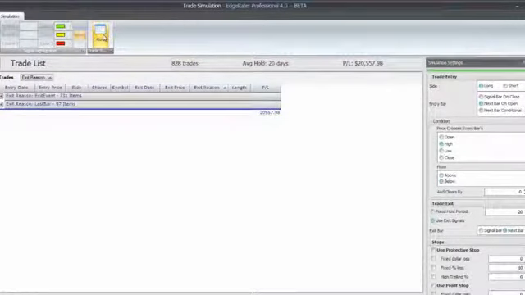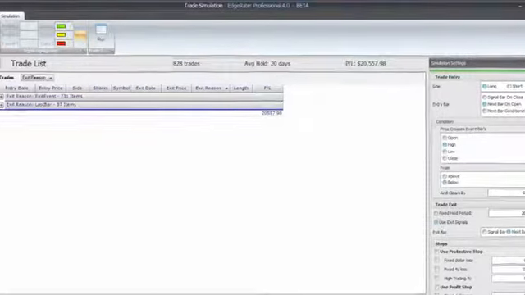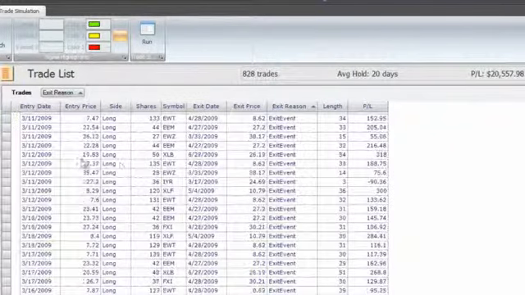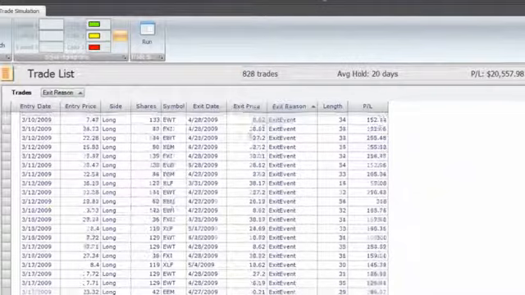And wow, it boosted the average hold period and the profit and loss. Yeah, and so to me that makes sense in a bull market. We were in a bull market. Obviously, if you were in a bear market, you'd want to be trading the inverse funds too.